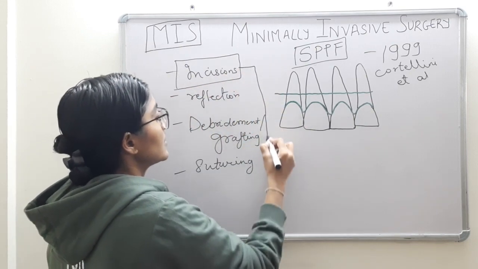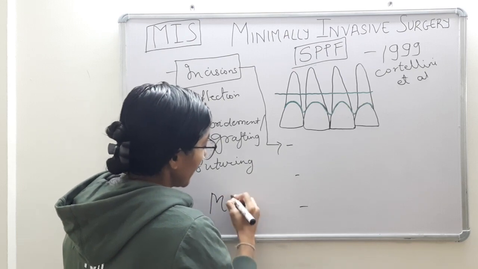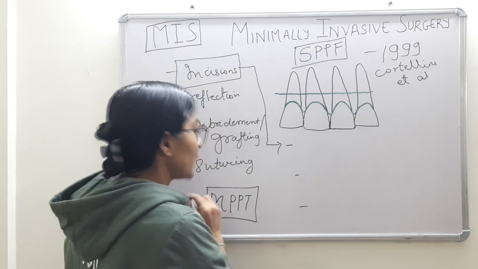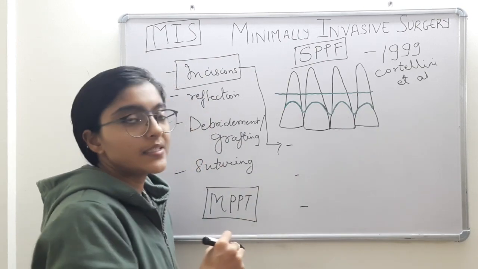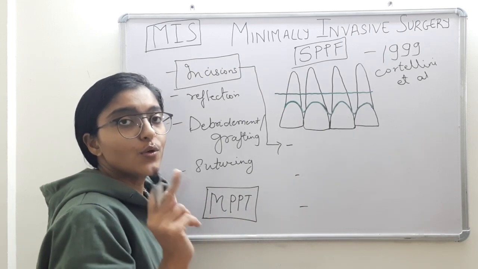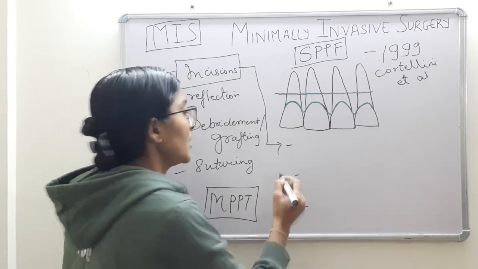Again, under incisions, there are three major differences as compared to MPPT. Please be very careful here. First we will discuss MPPT, a quick revision. In MPPT we have two intrasulcular incisions, non-continuous, okay.